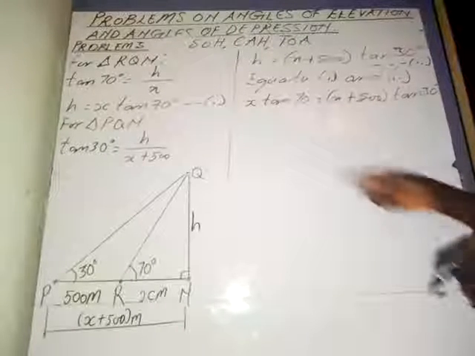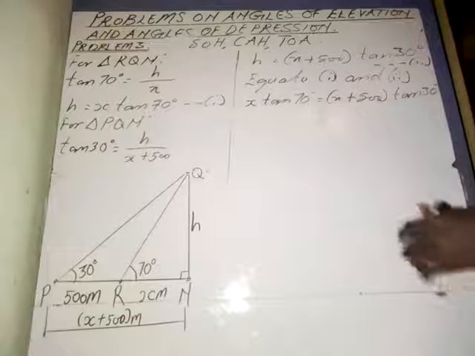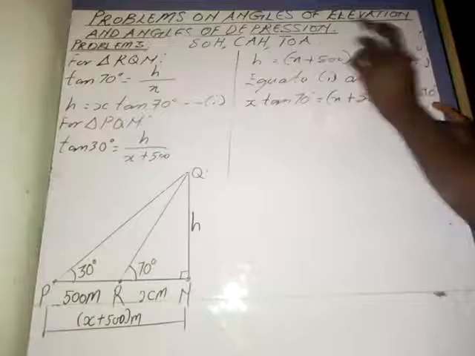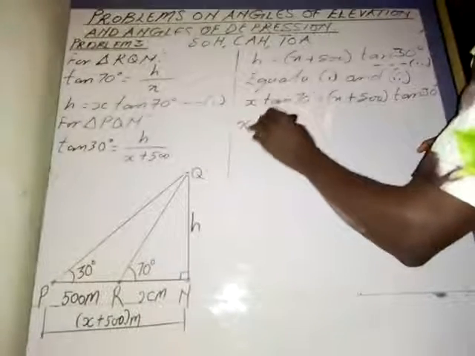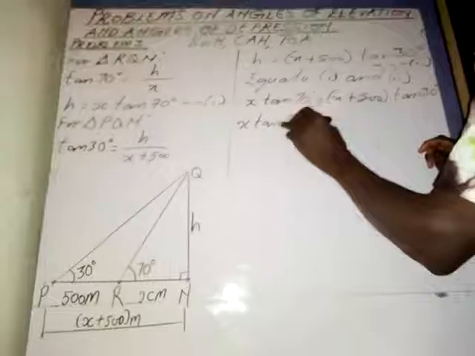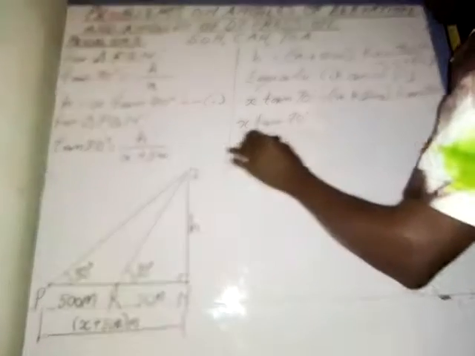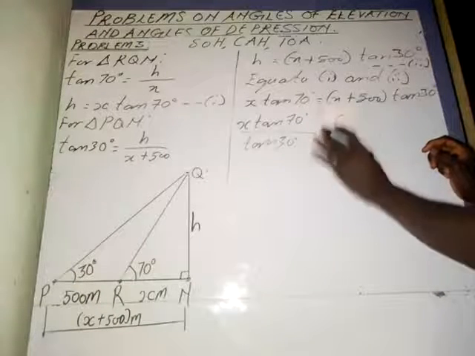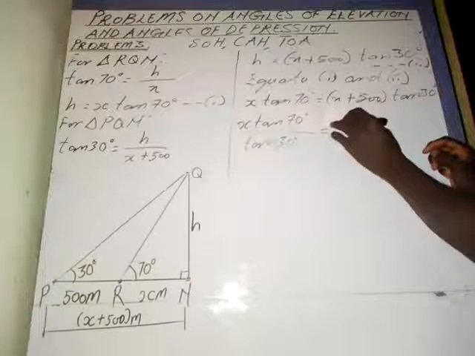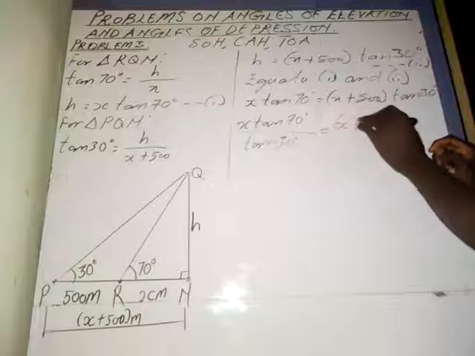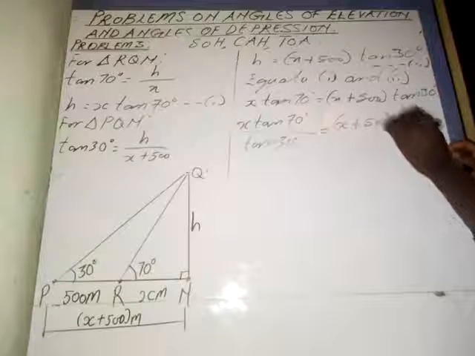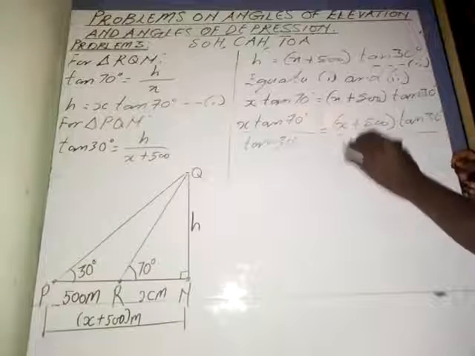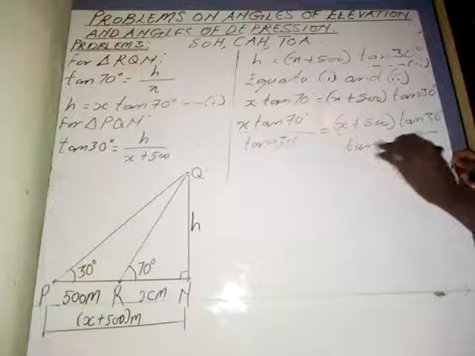So the first thing that we need to do here is to determine the value of X. To determine the value of X, I'm going to divide both sides by tan 30 degrees first. So here we have X tan 70 degrees over tan 30 degrees, equal to bracket X plus 500, bracket tan 30 degrees, all over tan 30 degrees.